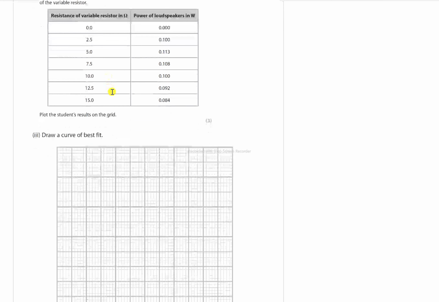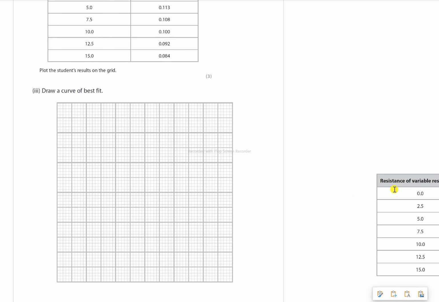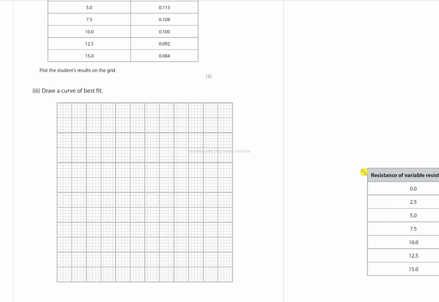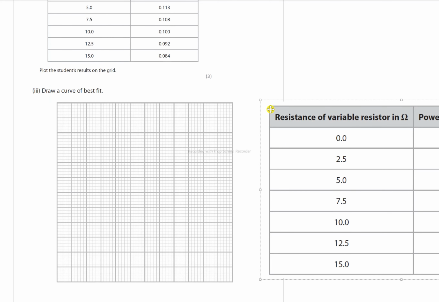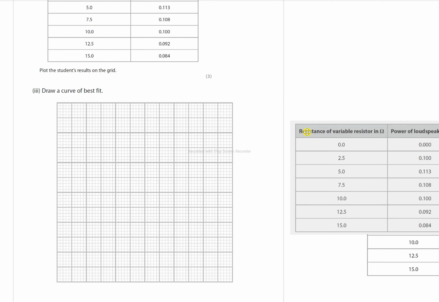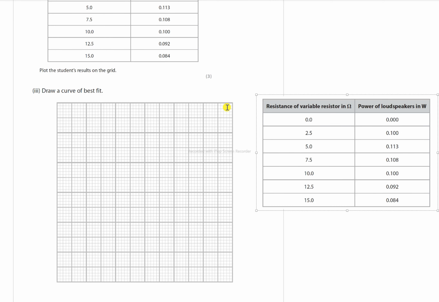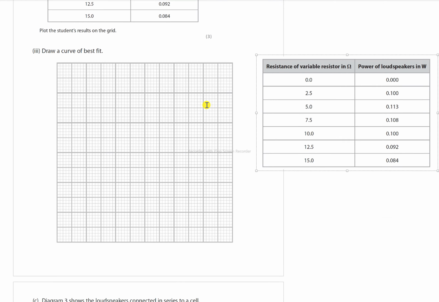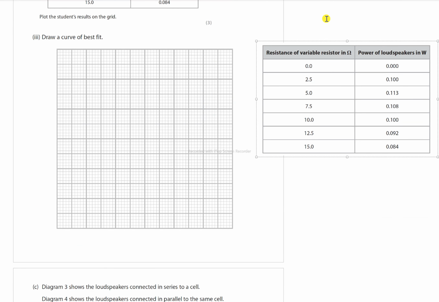Ooh, right. So what I'm going to do is put it down here and move that across so then I can see. Whoa, that was a bit crazy. Right, there you go. So we need to plot this. I'm going to pretend I've got a straight line ruler.